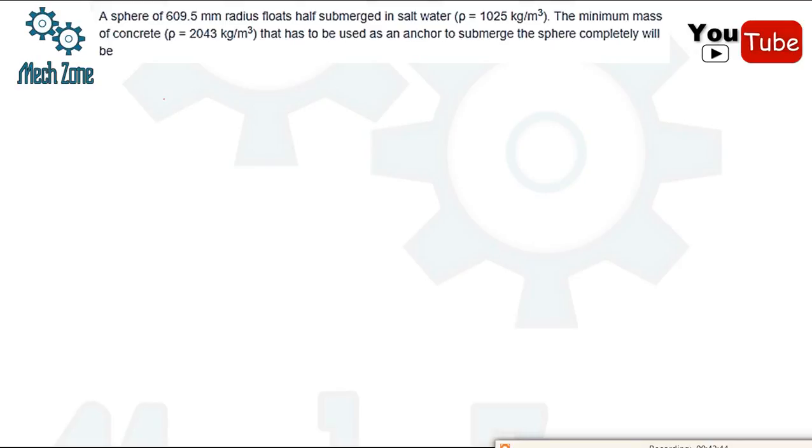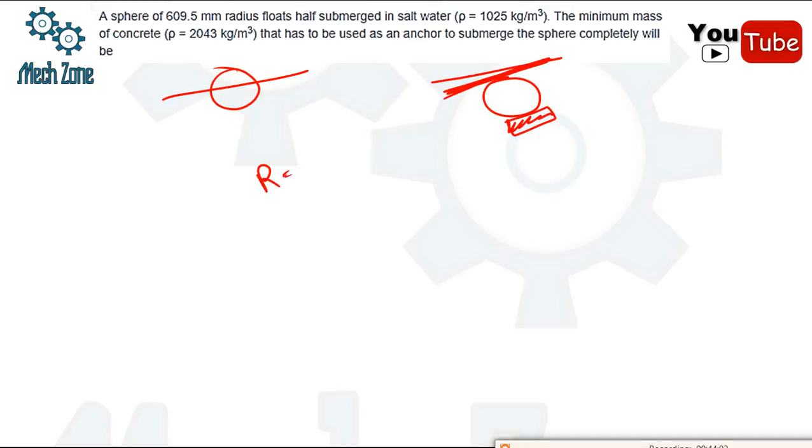Now in the first case the sphere is floating like this, but now we need the mass of the anchor which is to be attached to this sphere so that it is completely submerged. So this would be the level of water. Radius has been given as 0.6095 meter, and let the mass of the anchor to be used here be small m.